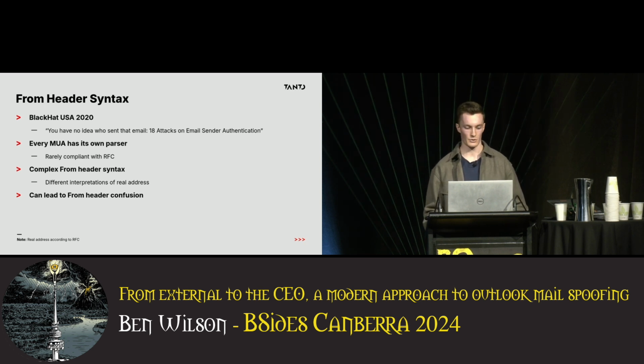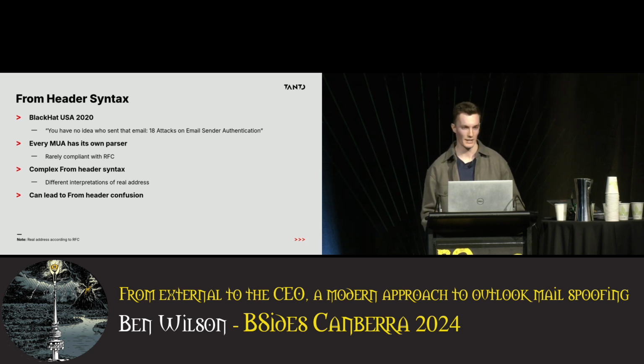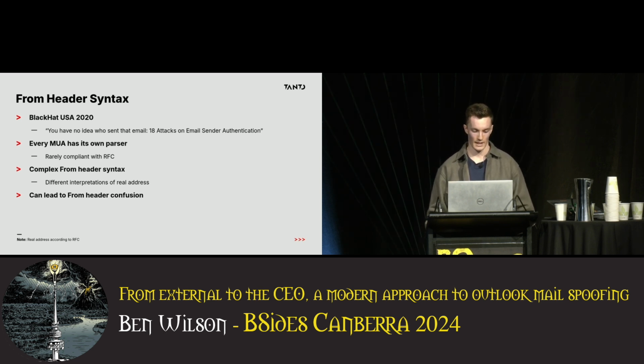But the gist of that talk is every mail user agent has its own parser, and these parsers are rarely compliant with the RFC that the from header was devised for. This leads to complex from header syntax and every mail client having a different interpretation of the real address that it was sent from, which will lead to something I like to call from header confusion.